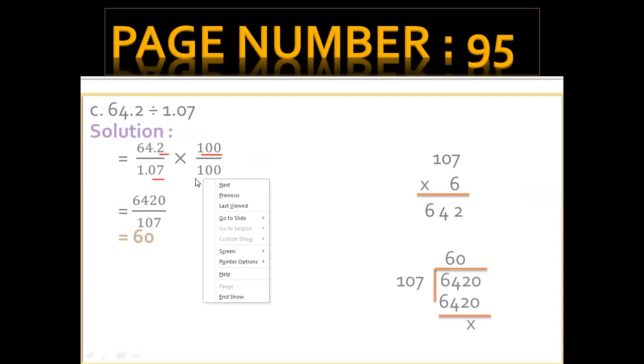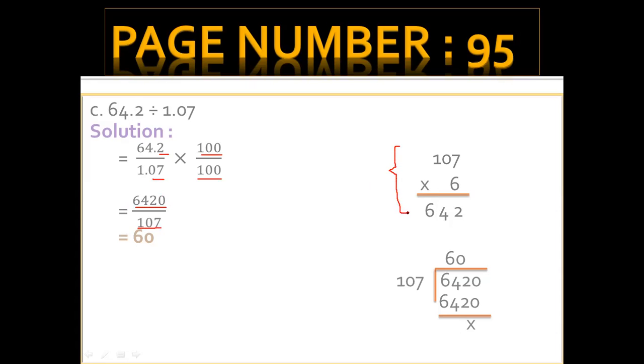When 64.2 is multiplied by 100, 6420. And when 1.07 is multiplied by 100, what happened? 107. The decimal will be removed and the answer is 107.